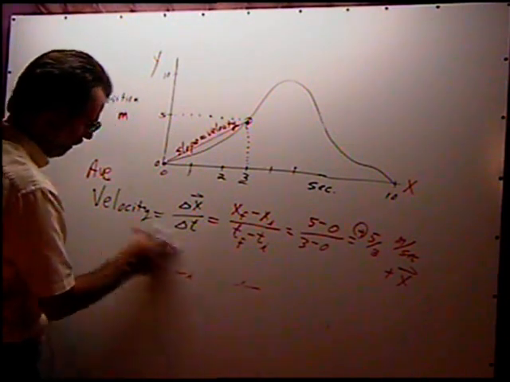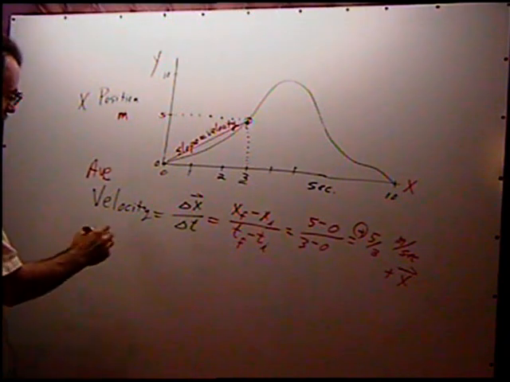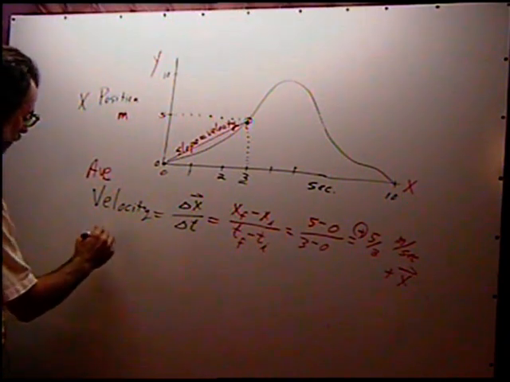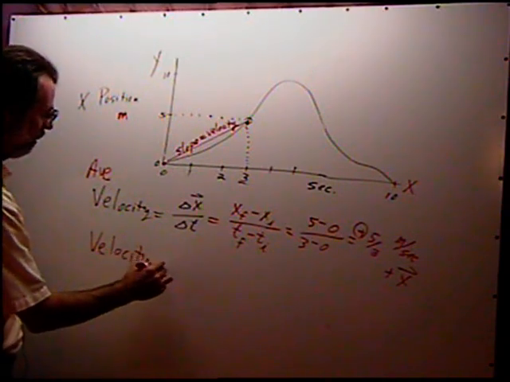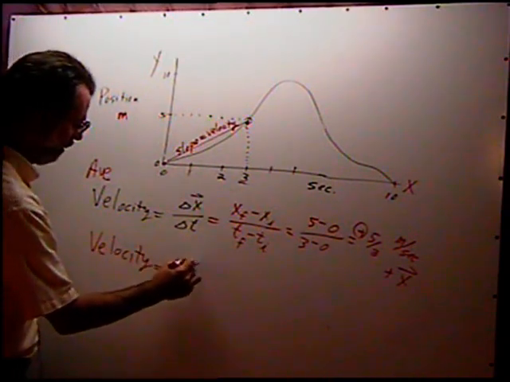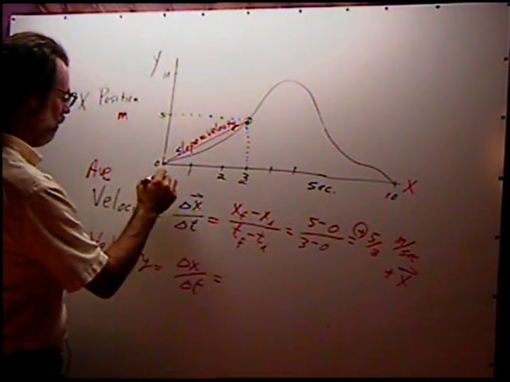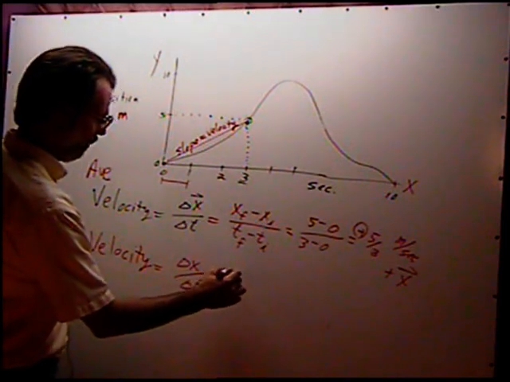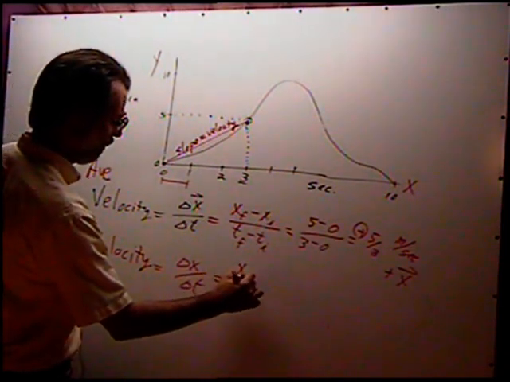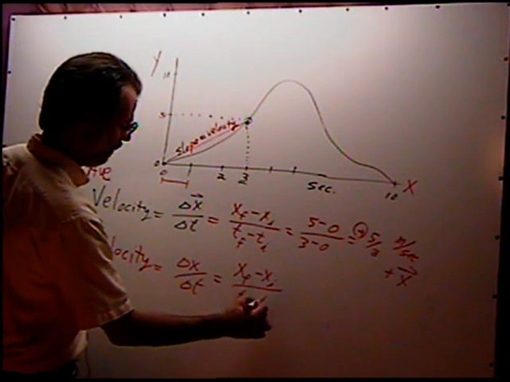What happens? Suppose we're going to do also the average velocity, but we're going to go from 0 to 1. Okay? So again, this is x final minus x initial over t final minus t initial.